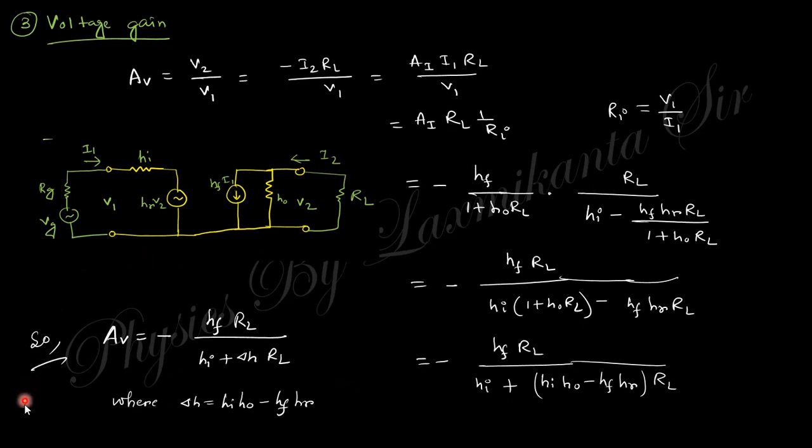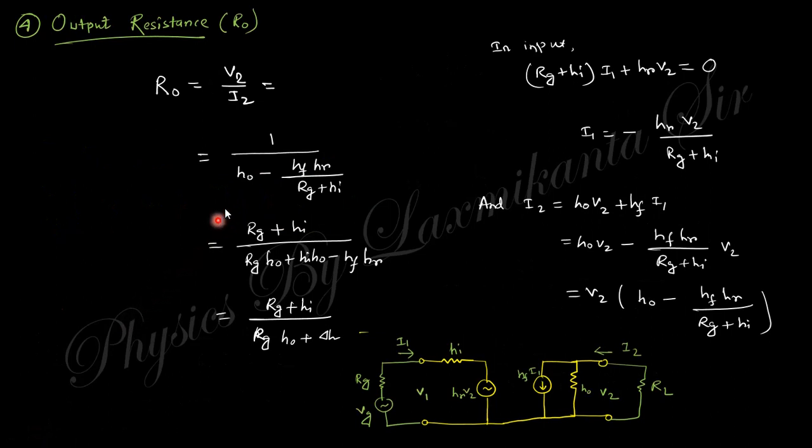Okay. Next thing is the output resistance. Output resistance is nothing but output voltage by current, V2 by I2. So this is H naught minus HF HR by RG plus HI. In this circuit, you can see RG plus RI, the total voltage drop, plus HRV2, must be 0 because this voltage is 0.